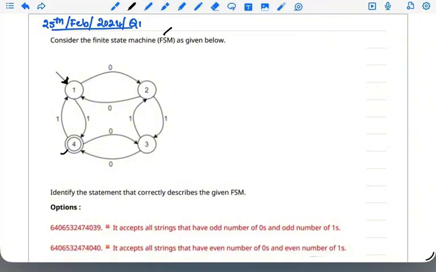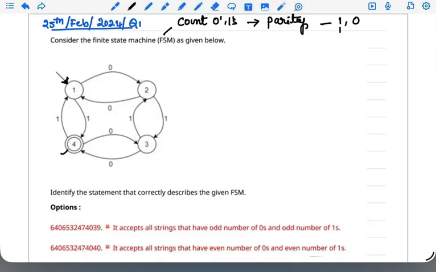It keeps track of the count of zeros and ones. In this FSM diagram there are 4 states, and it tracks the zeros and ones.